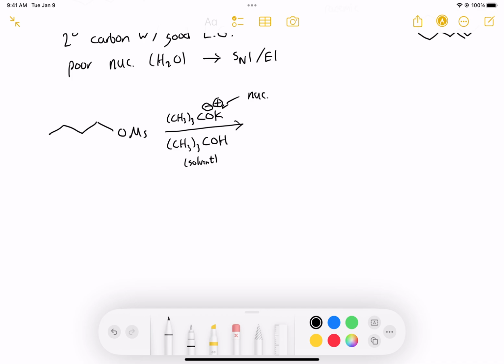So in this case, we have a primary carbon. Our leaving group is a good leaving group, so it's mesylate, which is this group here.